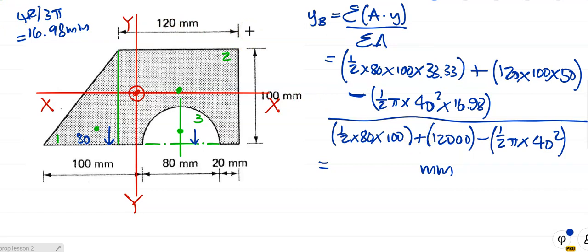And what did you get? I got 51.21 millimeters. Okay, and what does that actually mean?